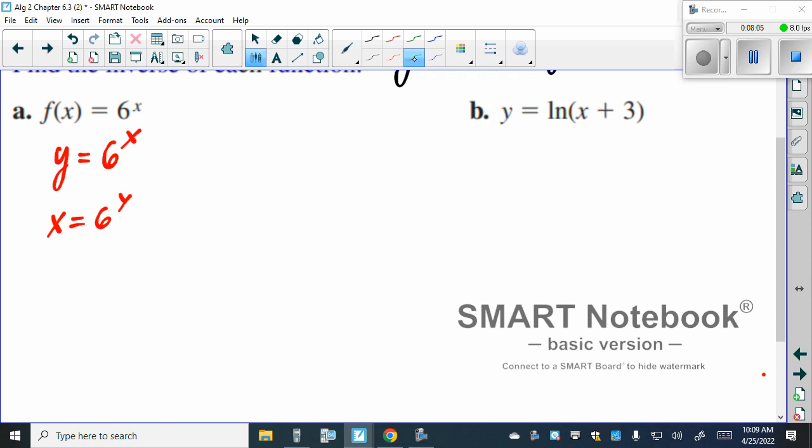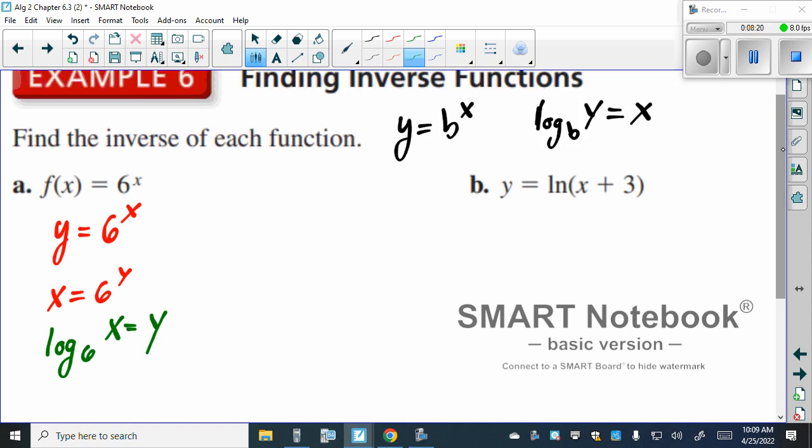And we would have log base 6 of x, because y equals b to the x is equal to log base b of y equals x. So here our b is 6. The exponent is y, so log base b of y equals x, because we switch.